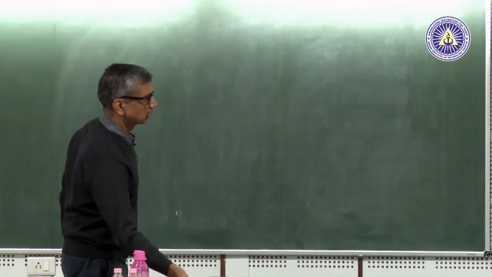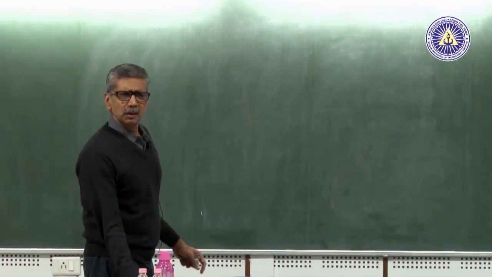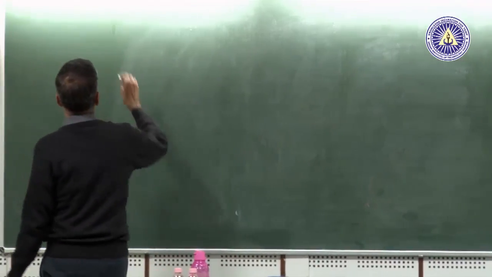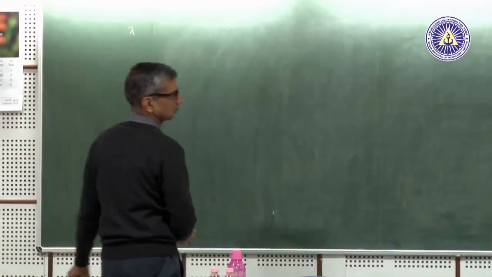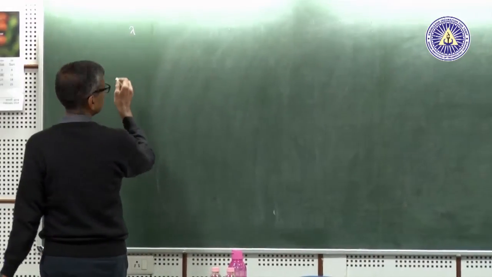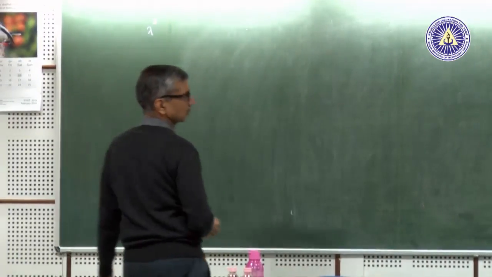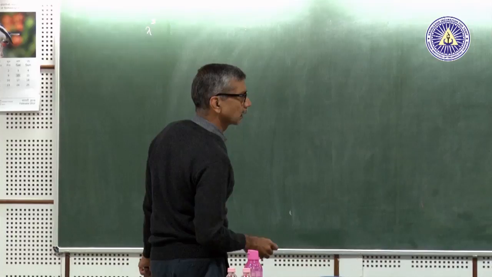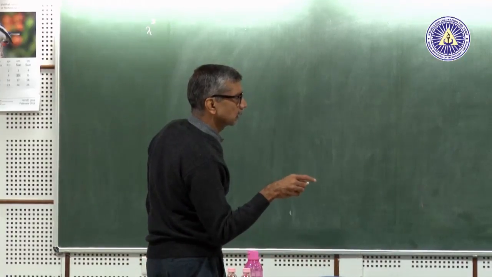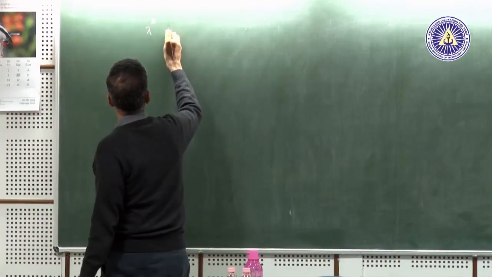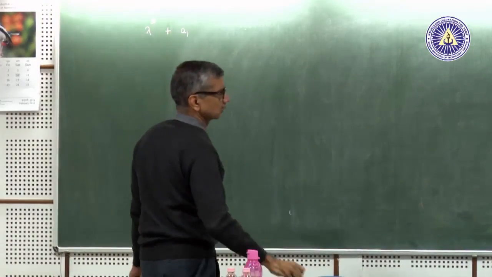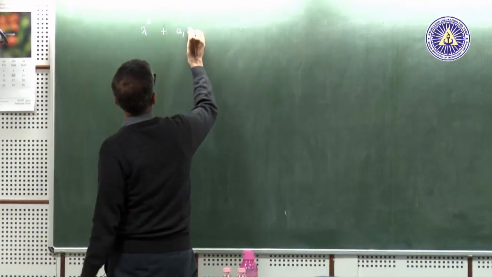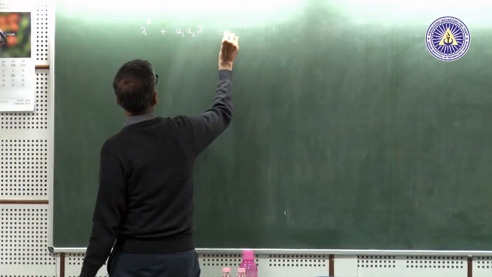What are the eigenvalues? All three zeros? Lambda squared, lambda cube. Is this the equation?